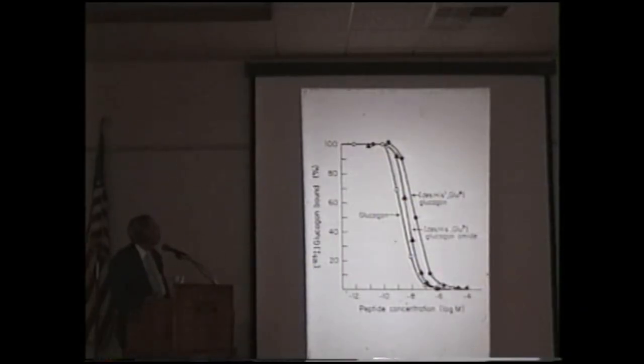So our antagonist, the bottom one, the middle curve, would bind almost as well as glucagon itself to this receptor. And then the next slide will show the activity.